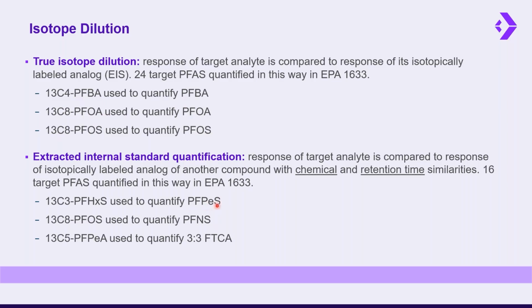So perfluoropentane sulfonic acid, PFPeS, this is a 5-carbon sulfonic acid, does not have its own carbon-labeled isotope, so it's quantified using a 6-carbon labeled sulfonic acid.